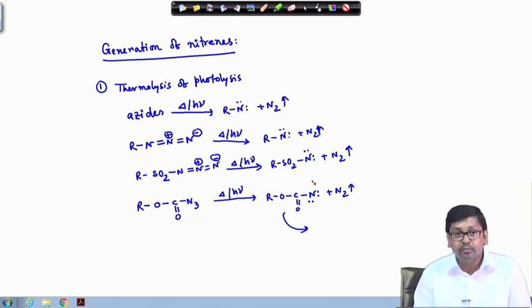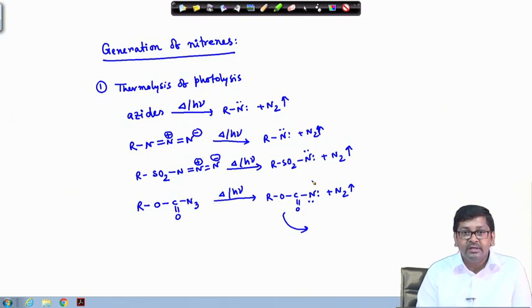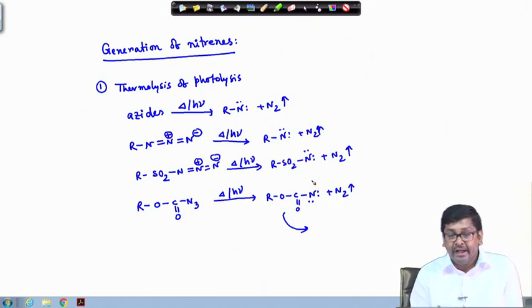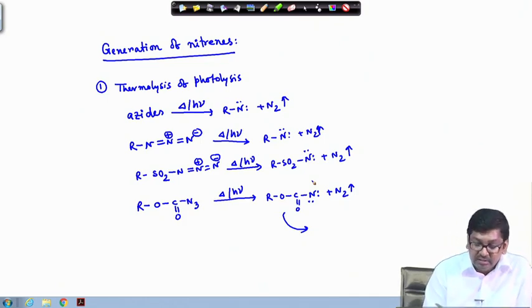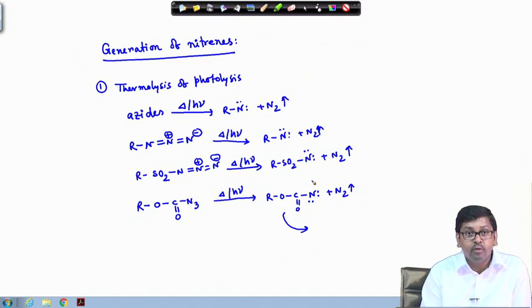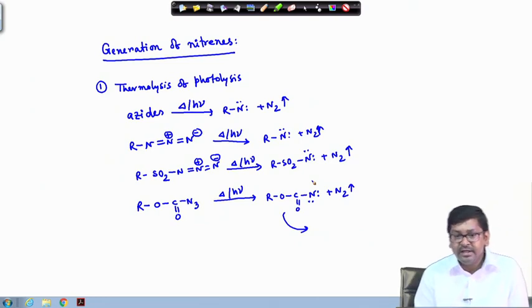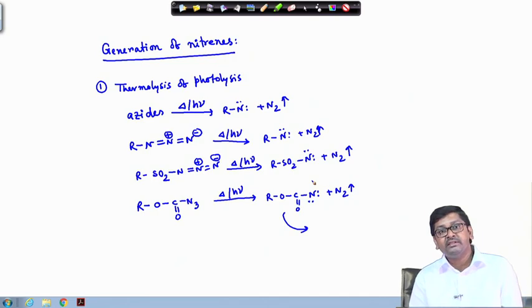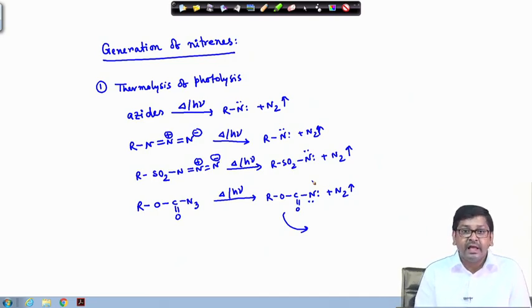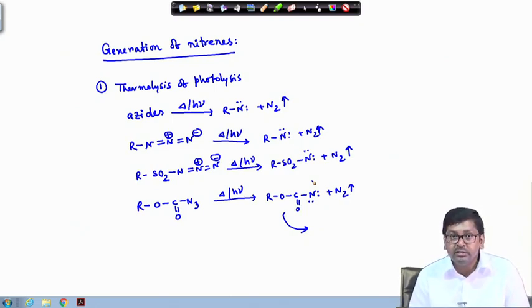thermal or photochemical decompositions, azides can be converted into nitrenes through nitrogen liberation in the presence of transition metal salts. Okay. So, that is also possible apart from these cases. These decompositions of azides in the presence of transition metal salts also give nitrenes, and it has been explored in various ways in recent days that these nitrenes can be inserted into a lot of bioactive molecules at a late stage.